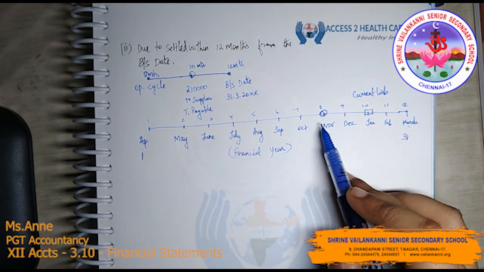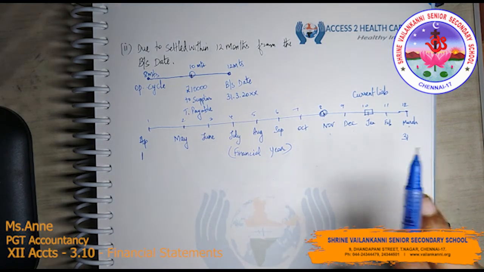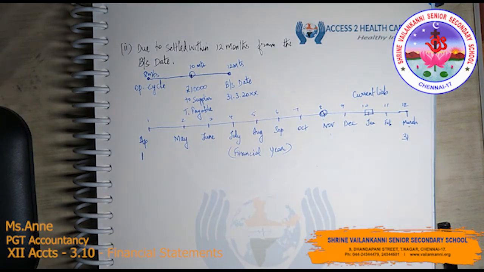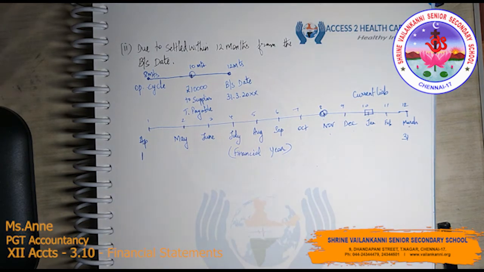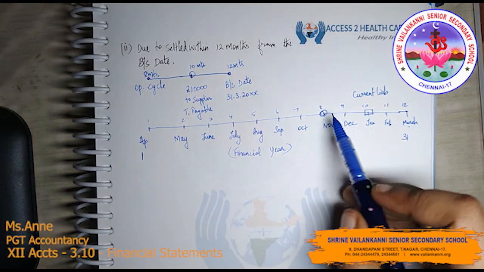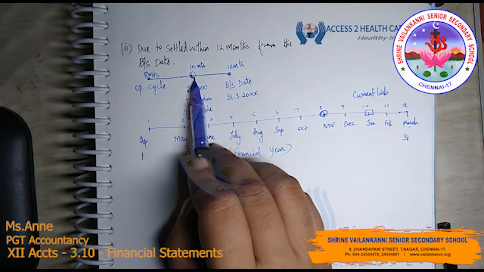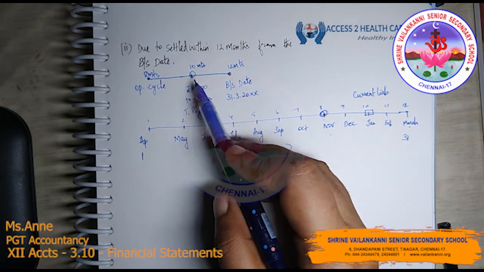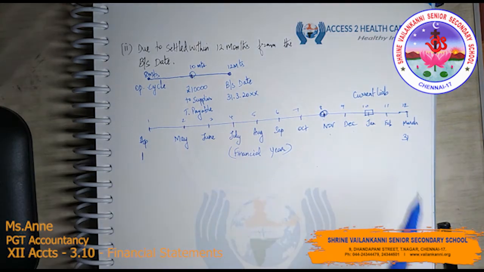Many students will have this feeling. We have been tuned like it is the operating cycle or it is 12 months. So many people will make this mistake. Within 8 months it is the operating cycle, so beyond 8 months, at 10 months, obviously they will treat it as non-current liability, which is ultimately wrong.